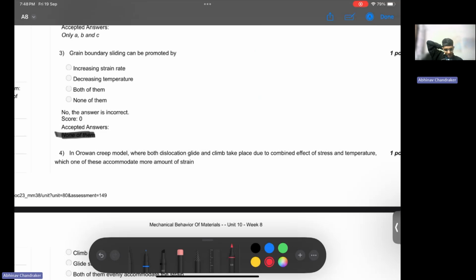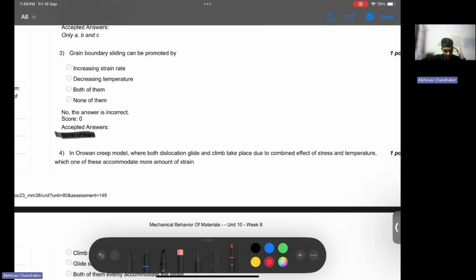And grain boundary sliding essentially is a time dependent process, highly time dependent, I feel, because you have grains sliding against each other, and it has to do it in a complex fashion so that all the compatibility is ensured at the end of it between the grains. So it will be a time dependent process.